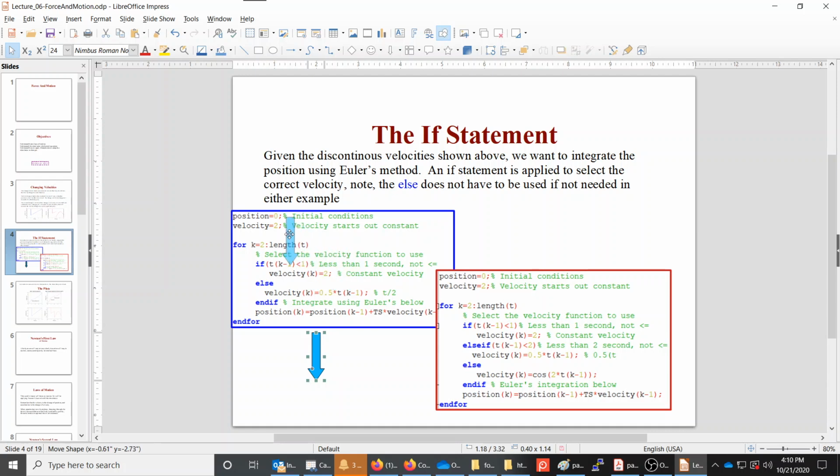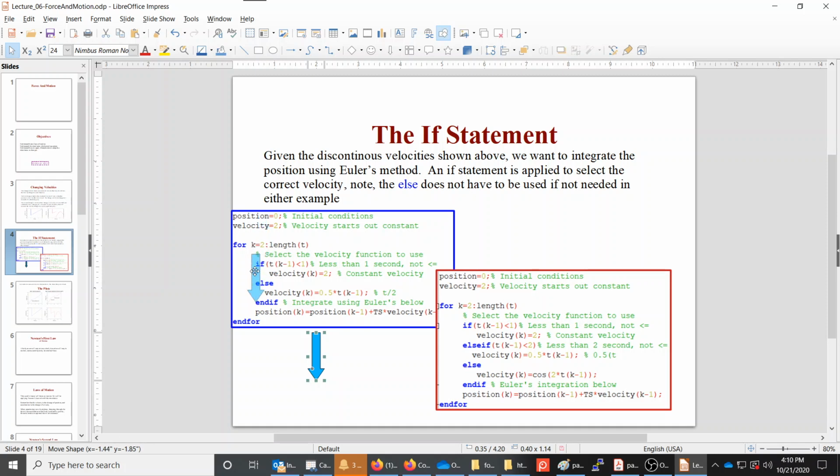Okay, so we're only going to do one or the other. We're not going to do both with an if statement. So if it's true, we do the things underneath the if. If that's false, then we go to the else. Now, you don't actually have to have an else. The else is not actually a required part.